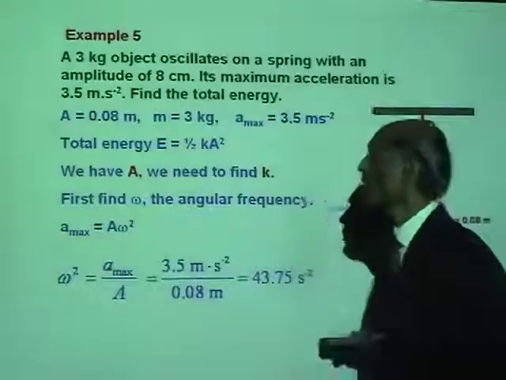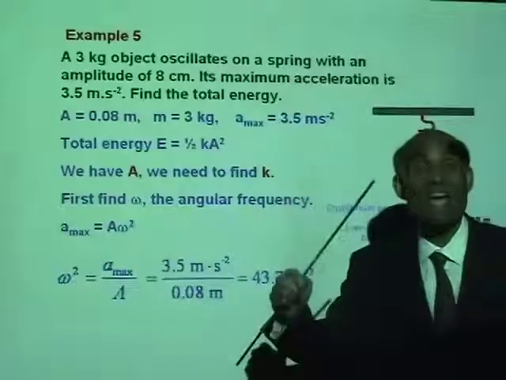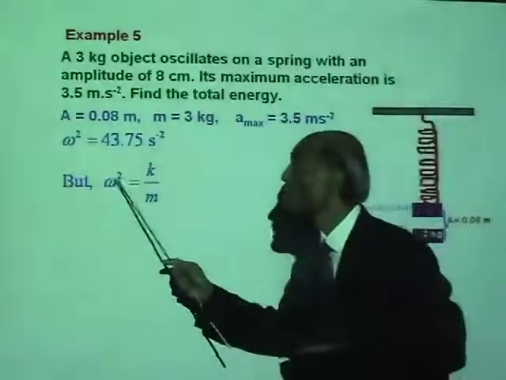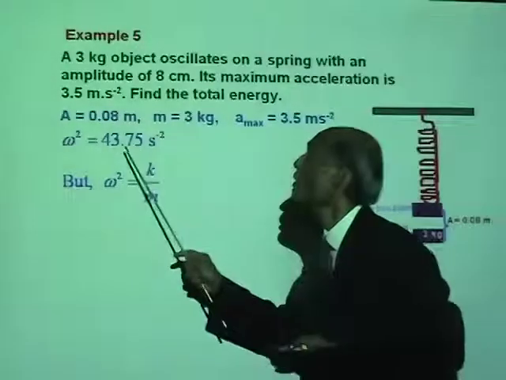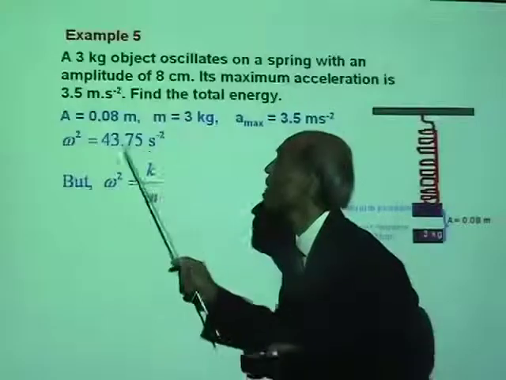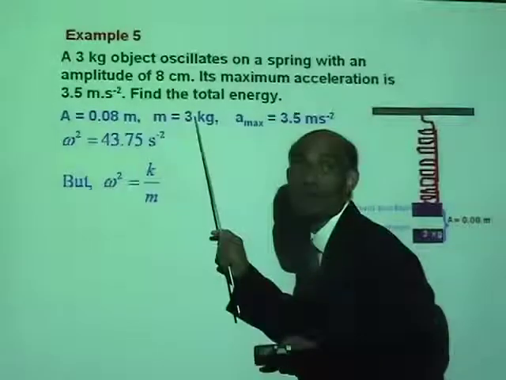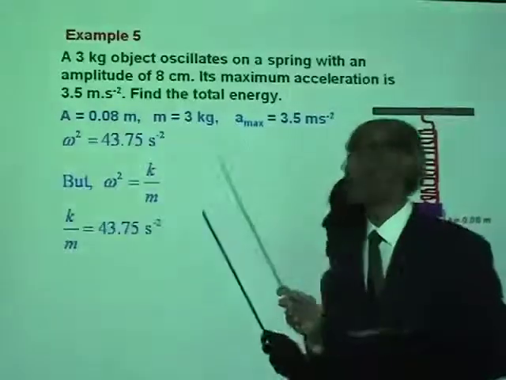And therefore, omega squared, you know, is K over M. So we bring this value of omega squared here. The value of M is known to us, and so we can find the value of K.